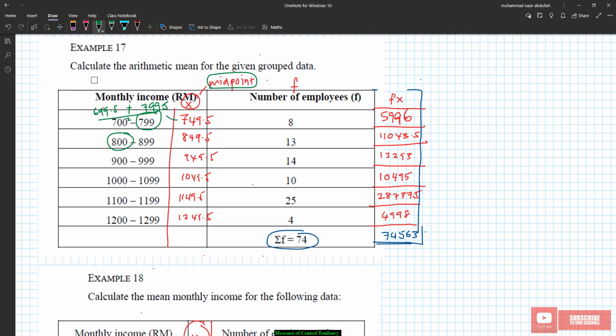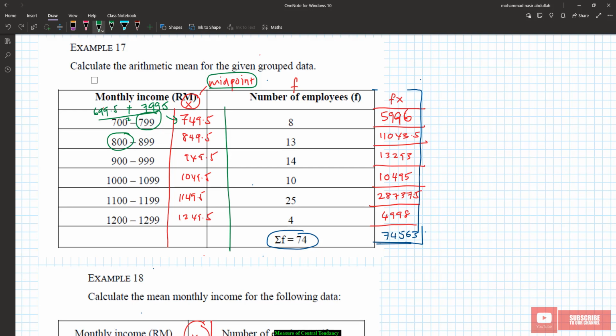So you will get the midpoint of the class. 699.5 plus 799.5 divided by 2, so you will get 749.5. So this is the midpoint, which is the x value.